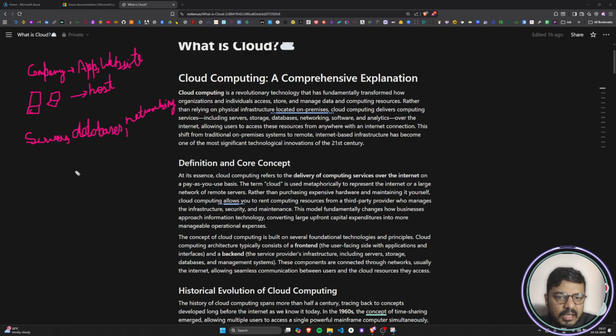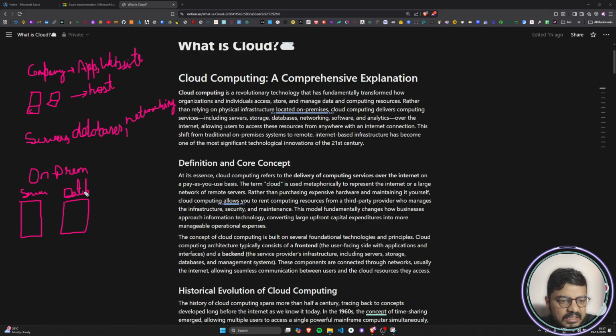So let's suppose we did not have any kind of cloud infrastructure available for us. After creating this application and our website, we will have to set up each and everything on our own expense and on our own premises. This is what is called on-prem. So we will have to buy the servers first of all. Then we will have to manually host the databases ourselves on these servers.